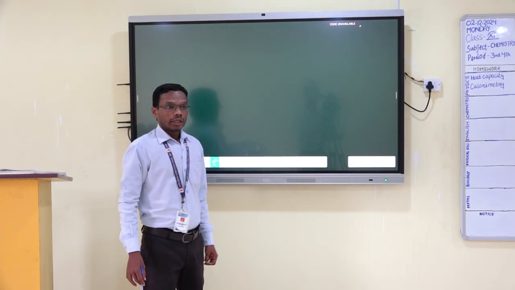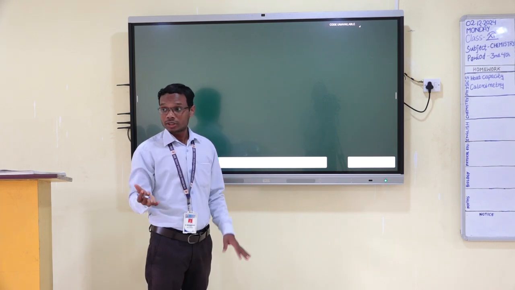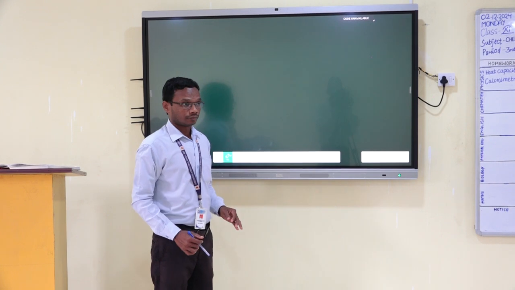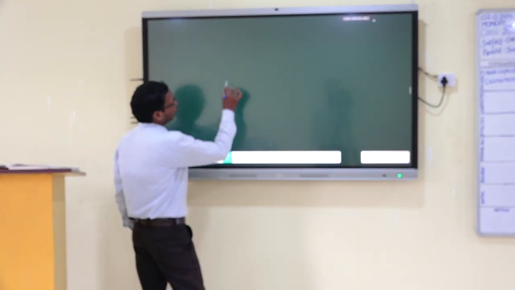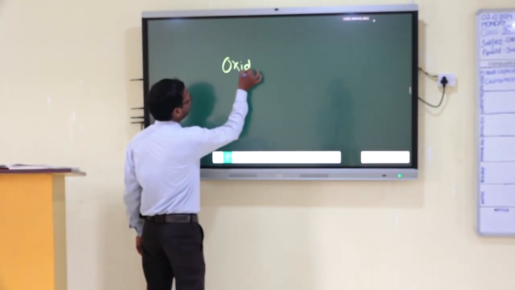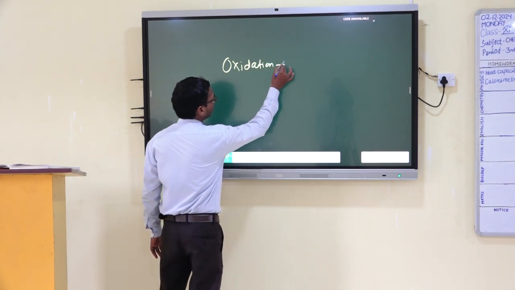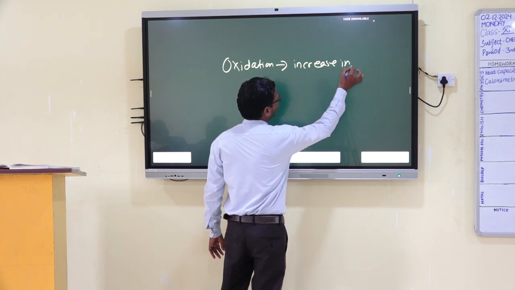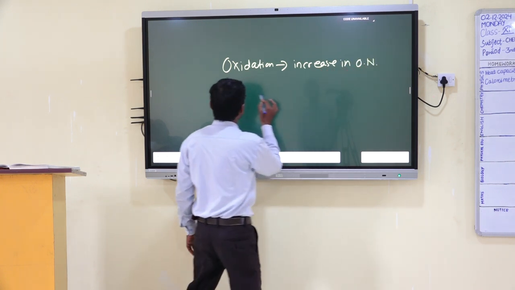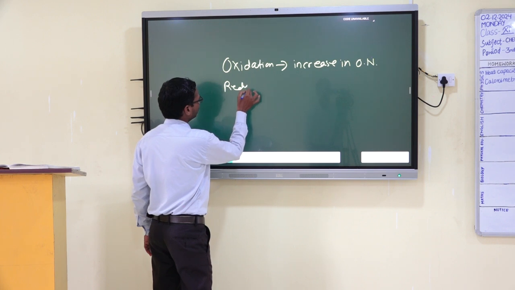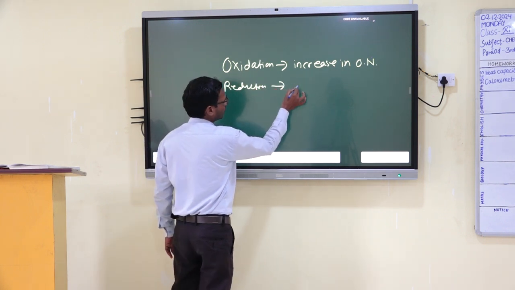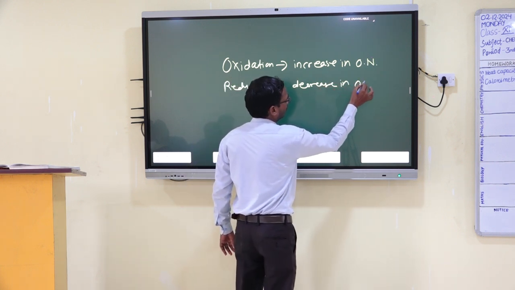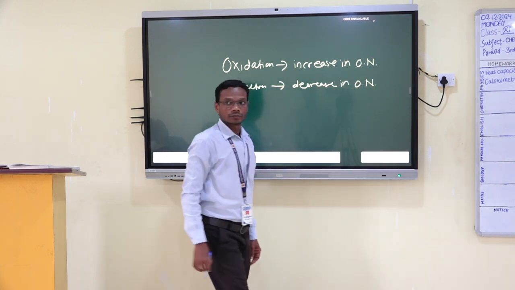Okay, now you are clear about oxidation state or oxidation number. What is the topic related to redox reaction? In redox reaction, oxidation is the process of increase in oxidation number, and reduction is the process of decrease in oxidation number.